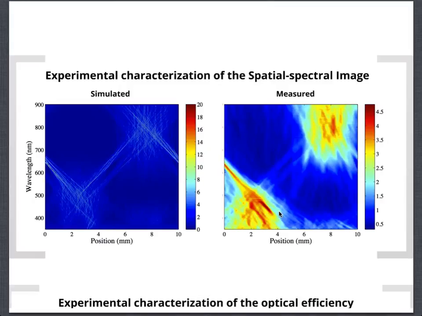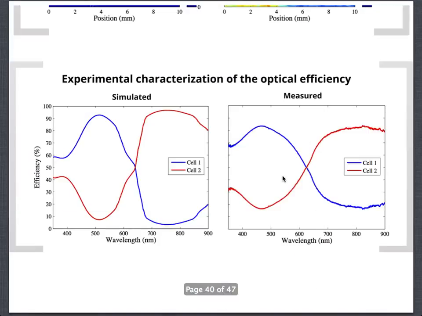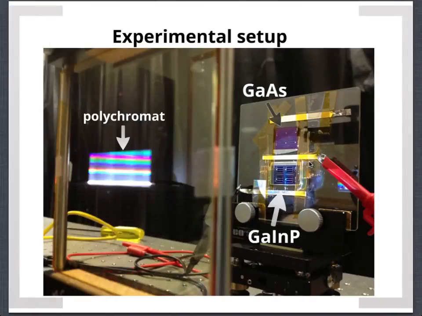These are measurements of the new design, same as before, 2 bands, with high energy photons at the left and lower energy at the right. And here's the measured optical efficiency. Again, you have some discrepancy between the simulation and the measurement because of the fabrication errors.